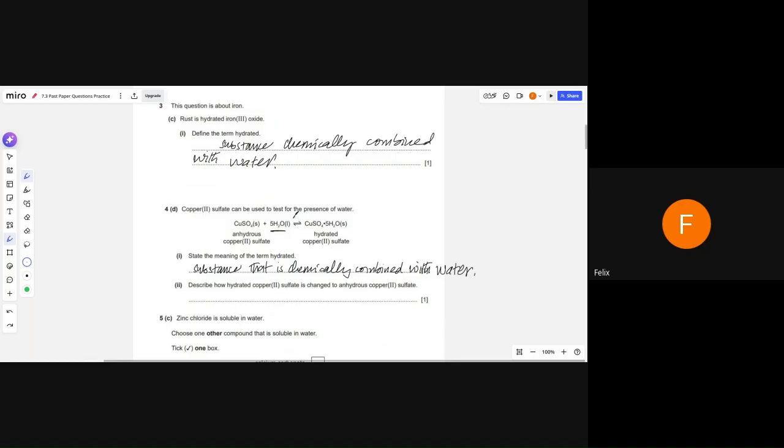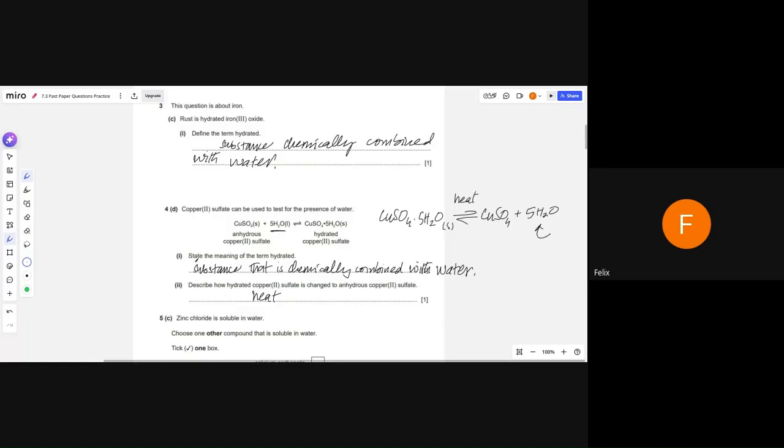I'll write it like this: CuSO4 dot 5H2O. This is the hydrated salt. If I heat it, it will be changed into anhydrous. So instead of writing a dot 5H2O, I will write plus 5H2O, showing that this water has been completely removed from the salt itself. So the answer will be we have to heat it.